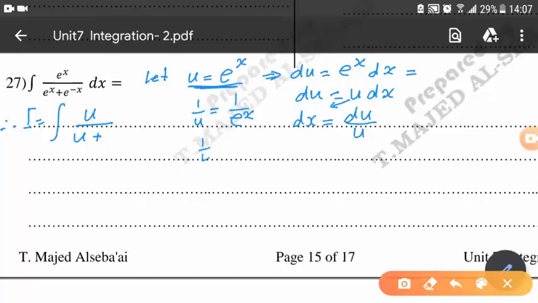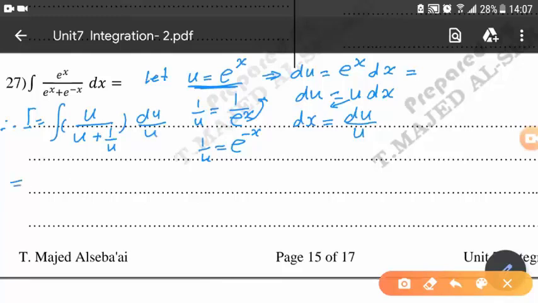So 1 over u equals e to the power of minus x. You understand? So this will be 1 over u, and dx is du over u.